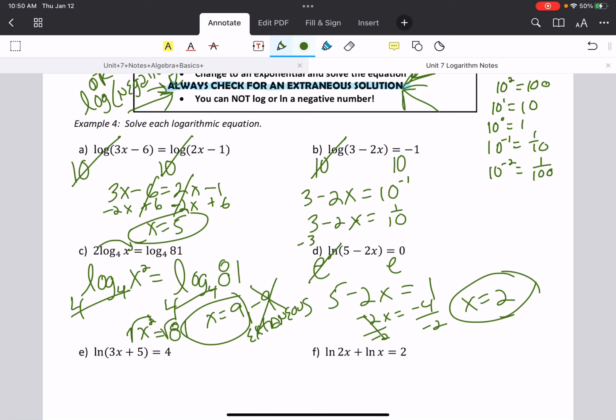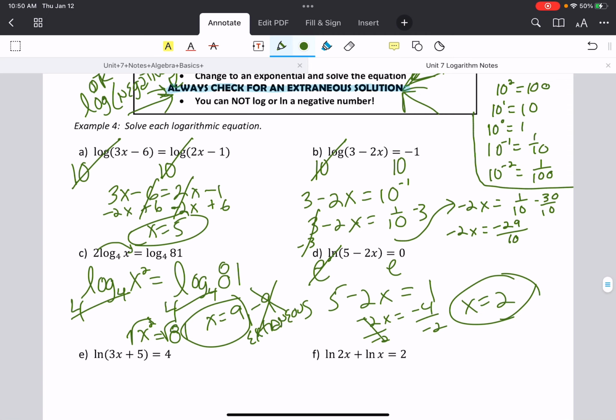So now I'm going to subtract my 3. Why do you think I rewrote my 3? Common denominator so I could subtract the fractions. Very good. You can write it like that, I just think it's easier to divide when it's an improper fraction.